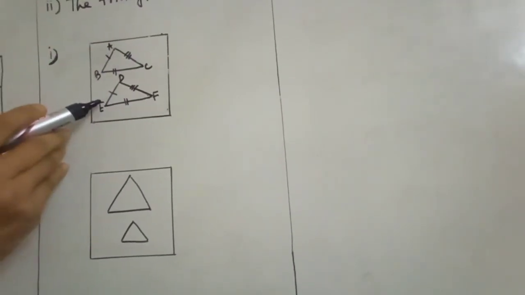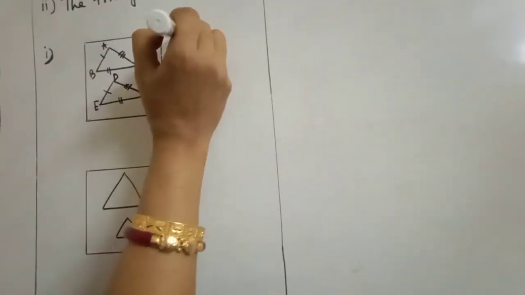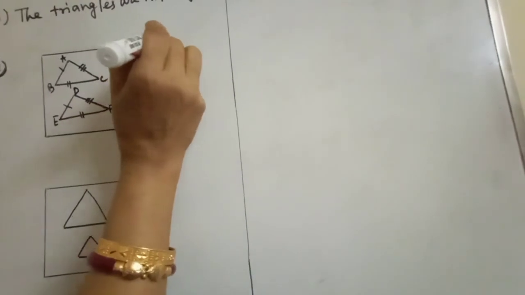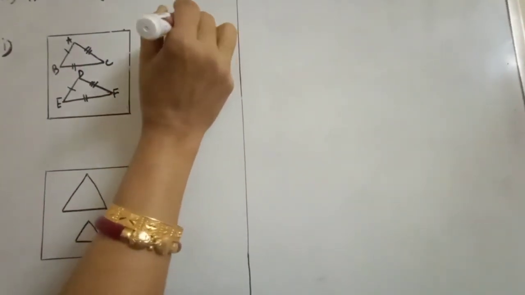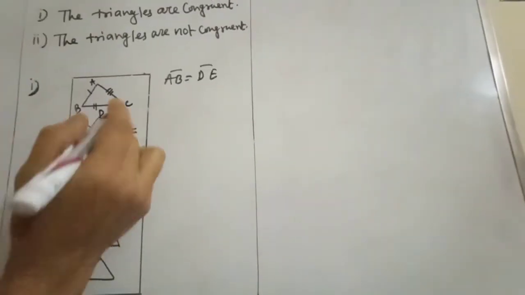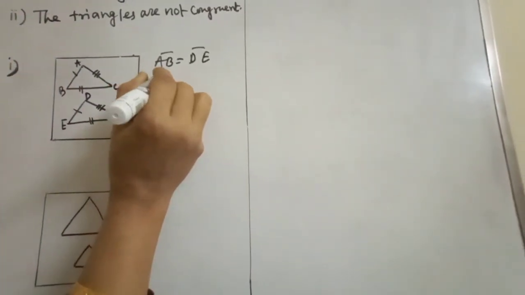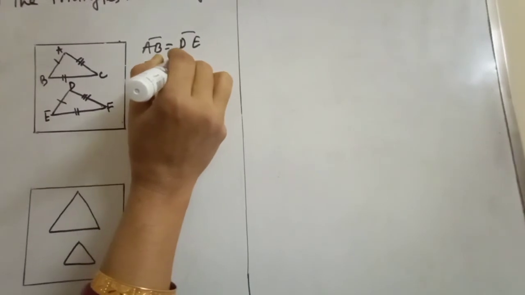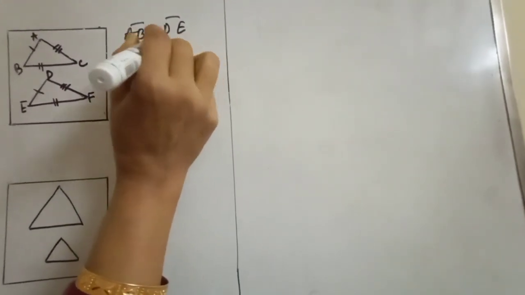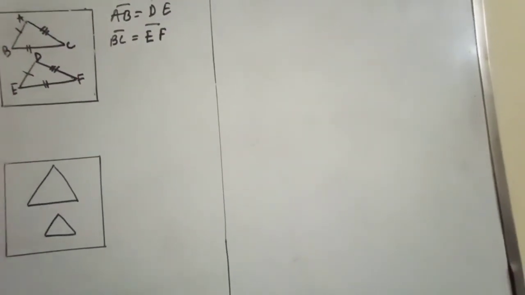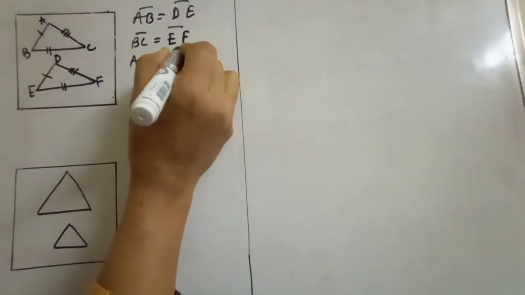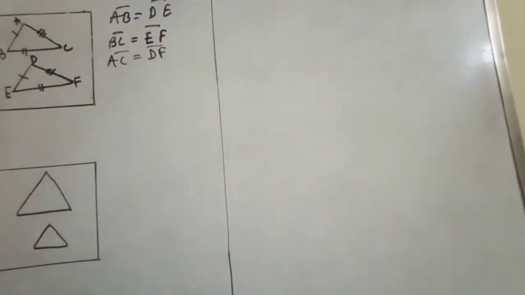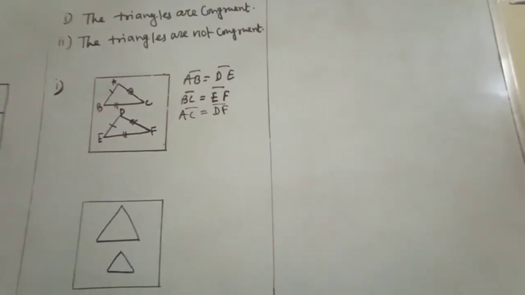These two triangles are congruent as side AB is equal to DE, side BC is equal to side EF, and AC is equal to DF. That means these two triangles are congruent by SSS criteria.